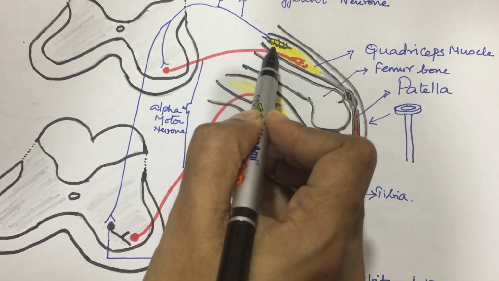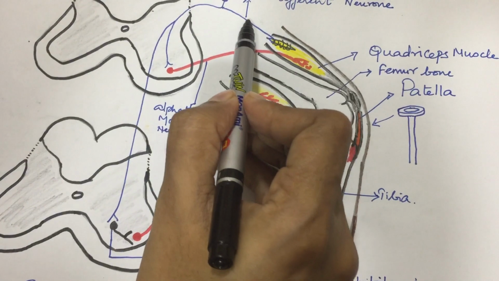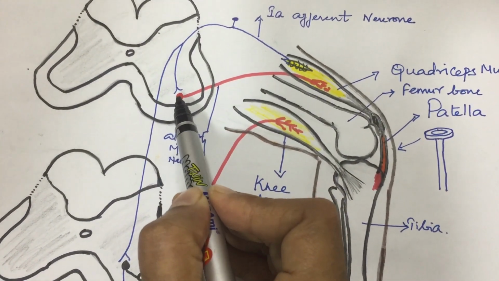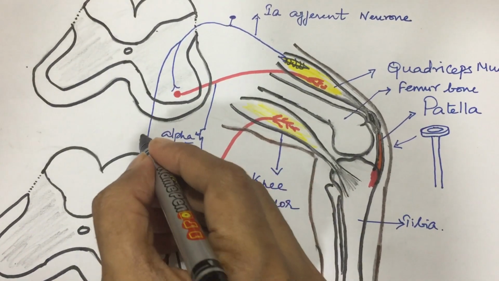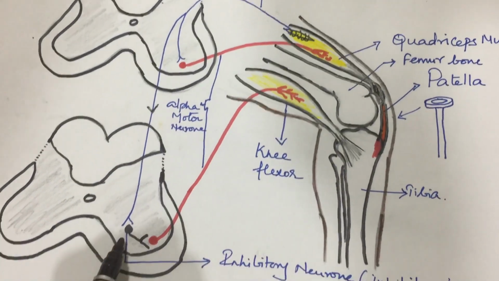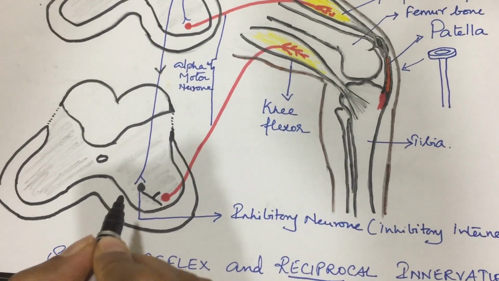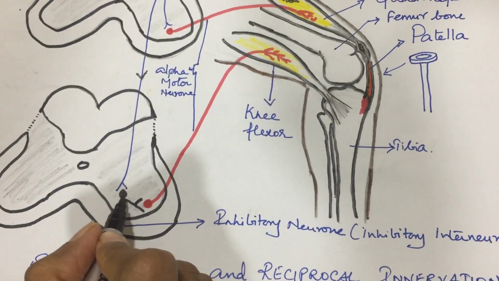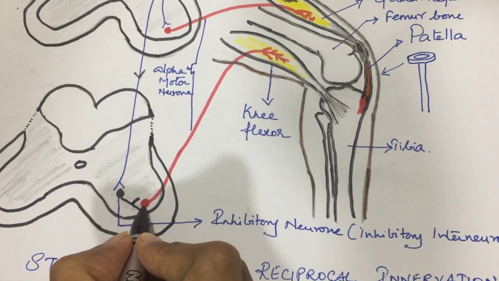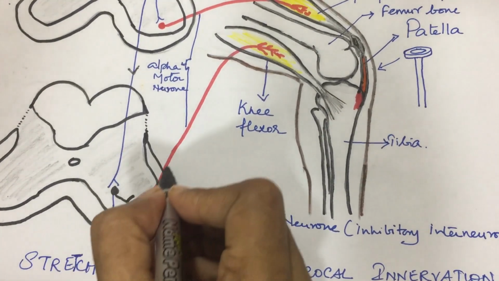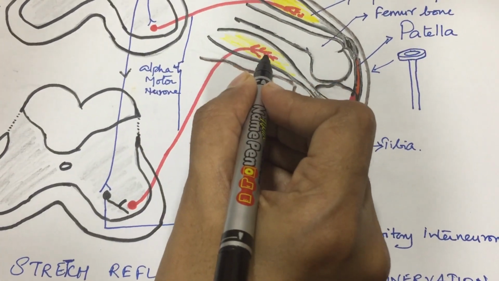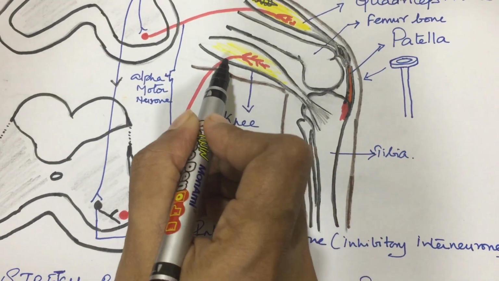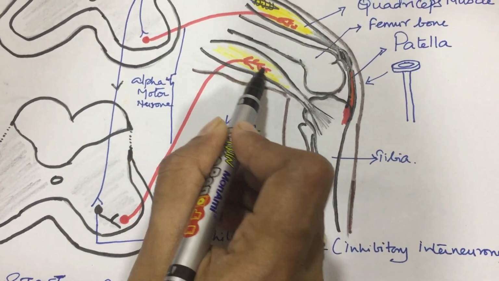But not only is the impulse from the primary afferent neuron transmitted to the alpha motor neuron of the ventral gray horn, but also to the inhibitory interneuron. The interneuron, which is inhibitory, will cause inhibition of impulses to the alpha motor neuron supplying the extrafusal muscle fibers of the flexor compartment, thereby inhibiting the contraction of the flexor muscles.